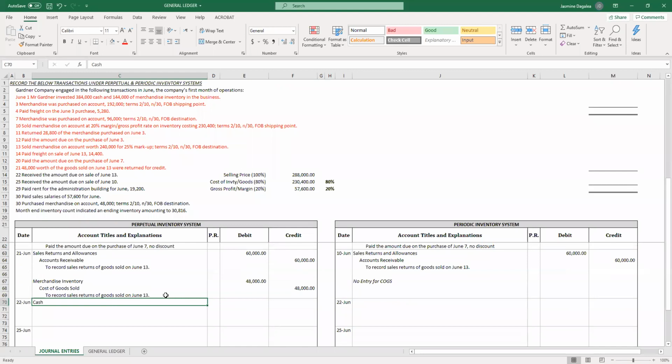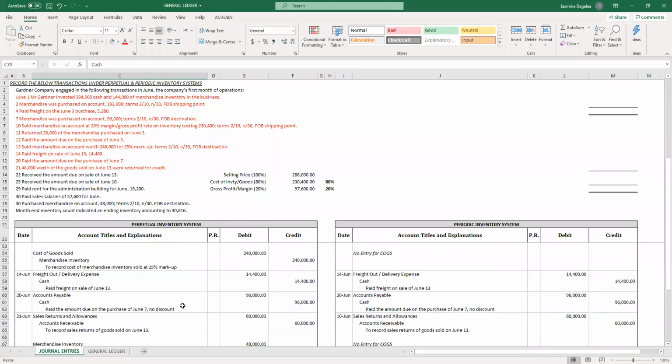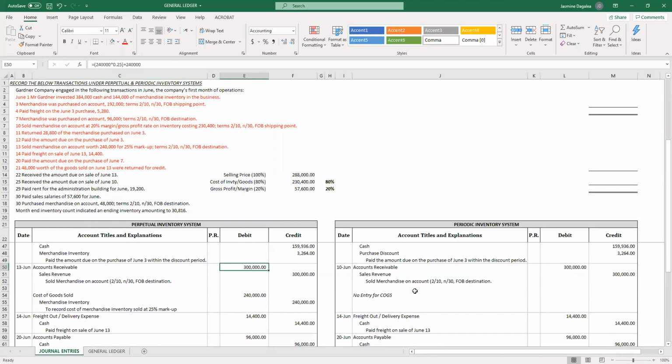Check nyo kung may discount and if may return. Ay, may return. So, magkano na lang yung cash nyo na marireceive? So, balikan nyo, 300,000 yung initial accounts receivable nyo, di ba?